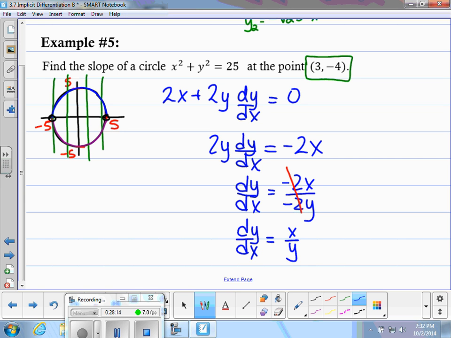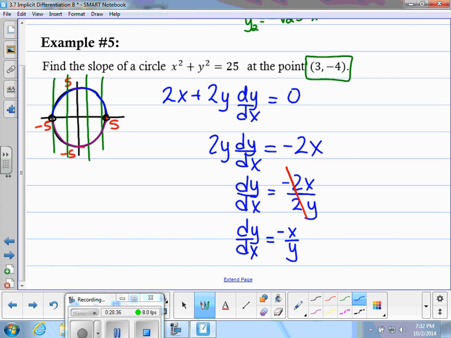And then, oh, wait. I'm adding symbols where I don't need them. I don't know why I made that a negative 2. All right, let me fix that. So it's just 2y. The 2s still cancel out, but I'm left with a negative x.